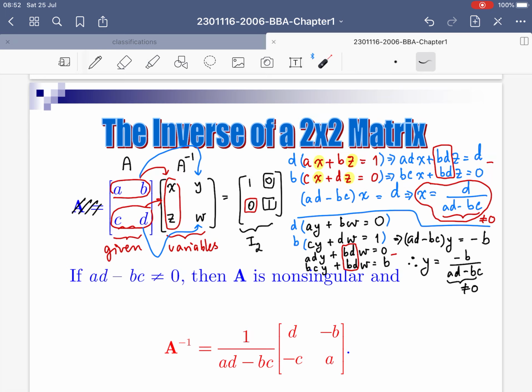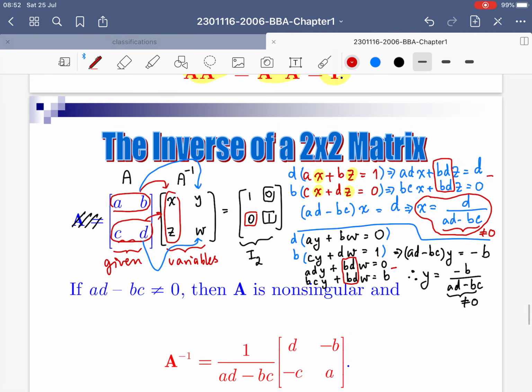Here is your Z. So your Z from there, let me put it down here, your Z is negative CX over D. You just move your CX over here and you move D to divide it.